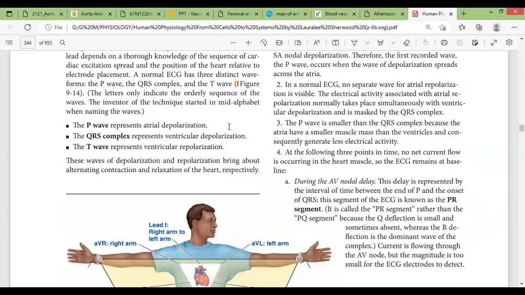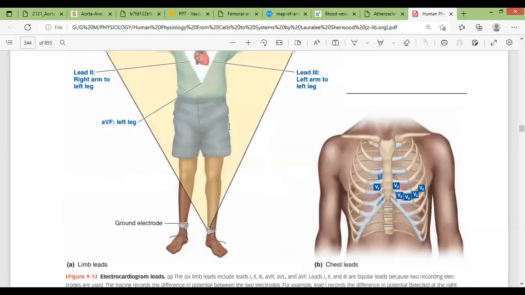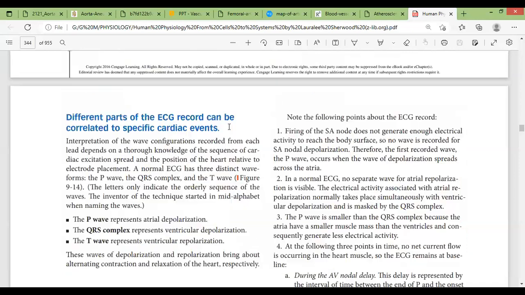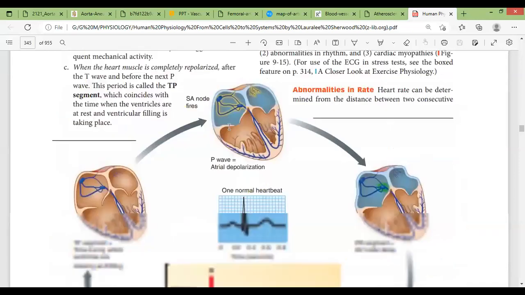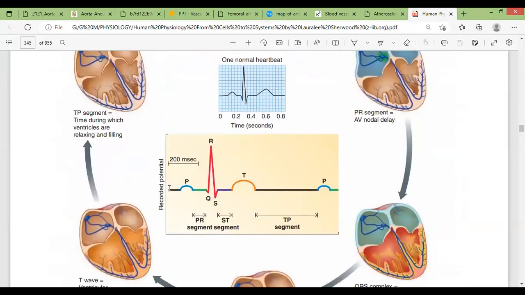Even here, the P wave is atrial depolarization. I wanted a diagram so that we can see the P wave when we're talking about the P wave. There it is, I guess. Yeah, it is.